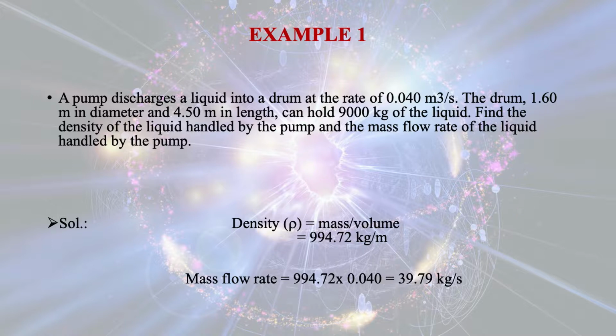But if you want to calculate the mass flow rate, it is nothing but density into the volumetric flow rate. The density you have calculated, volumetric flow rate is given as 0.040 meter cube per second. So we can calculate mass flow rate with this formula, that is mass flow rate is equal to rho into volumetric flow rate, that is 994.72 into 0.040, that will come out to be 39.79 kg per second. So from this problem we have calculated density, we have also calculated the mass flow rate.